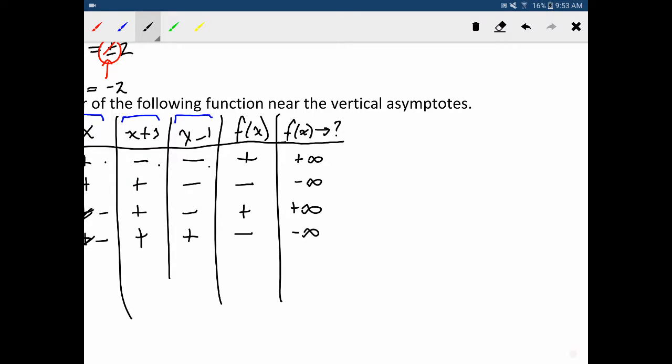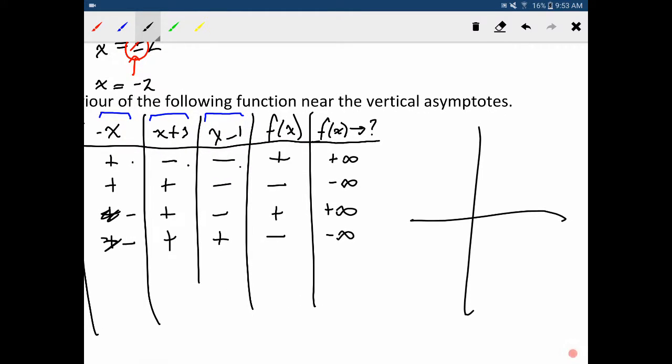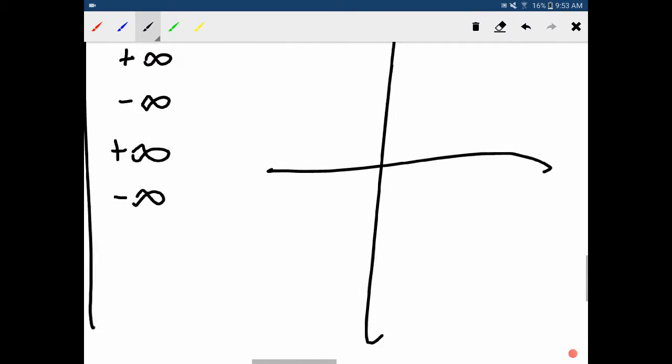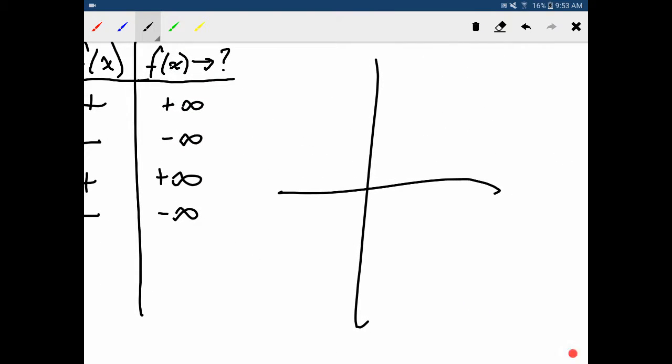So, if I were to graph this, and I've got my asymptotes at negative 3 and positive 1, that would be the negative 3, and then I do it again at positive 1.